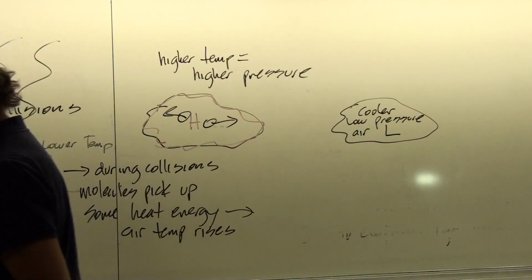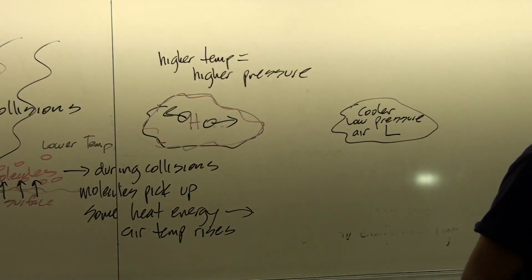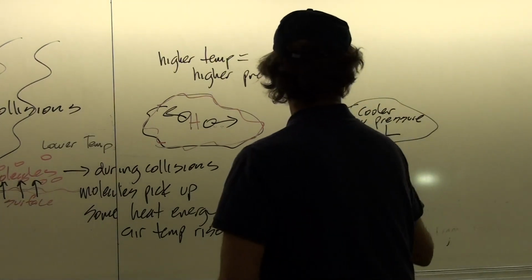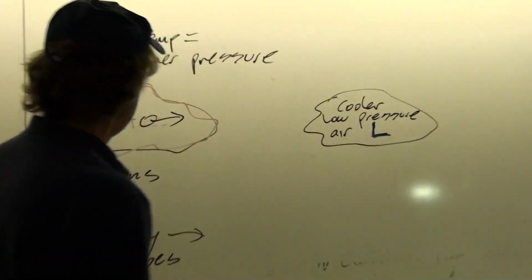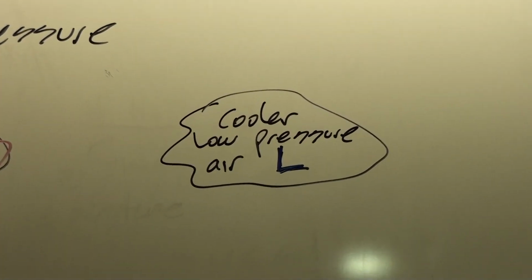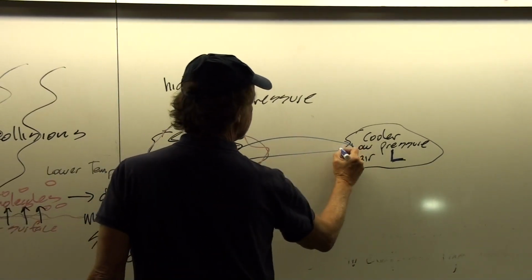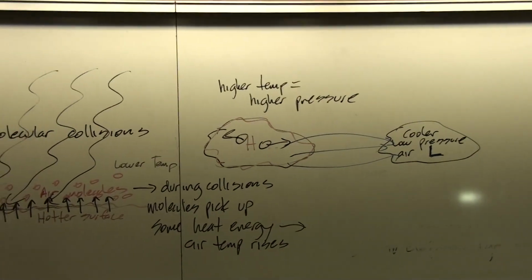So a lot of times we'll use blue to represent lower pressure and red for higher pressure. We learned a couple of videos ago that high pressure air naturally wants to move toward lower pressure air.